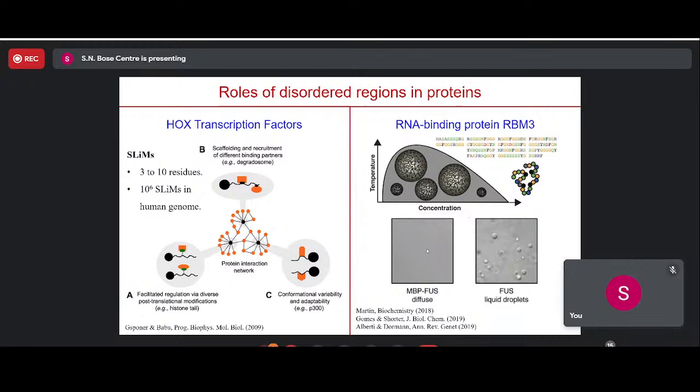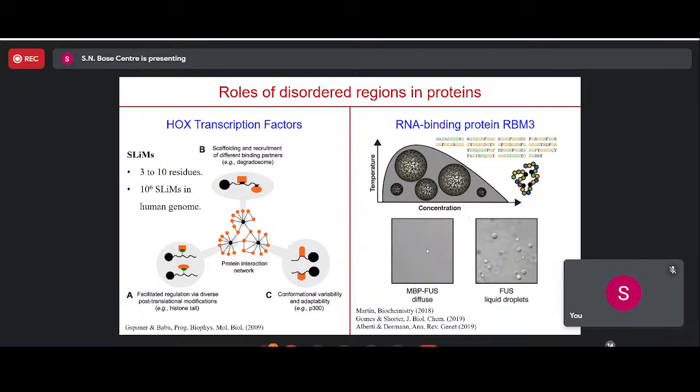They can recruit other partner proteins and bring them towards whatever function they are doing. If it's a transcription factor, they will help in the formation of the transcription complex. These types of proteins are found a lot in protein interaction networks, and they tend to be hub proteins, meaning that they interact with lots of different proteins.